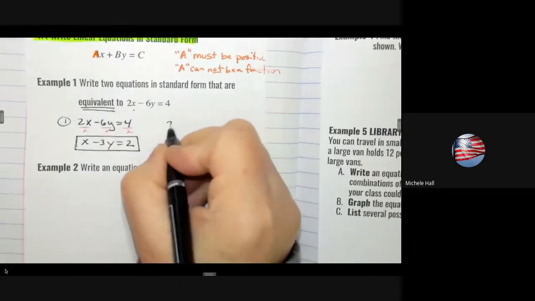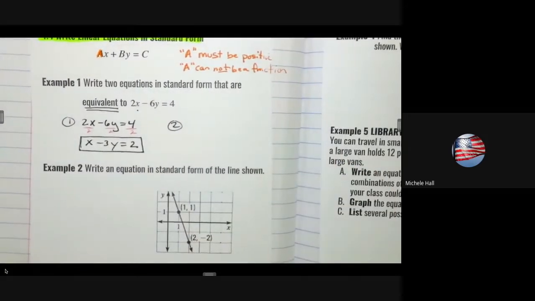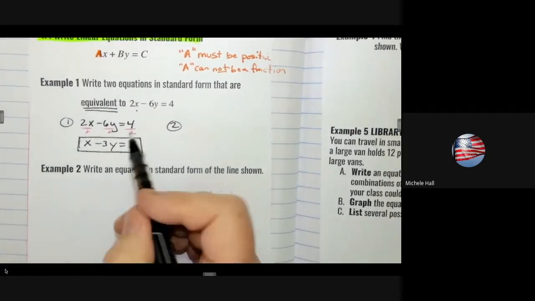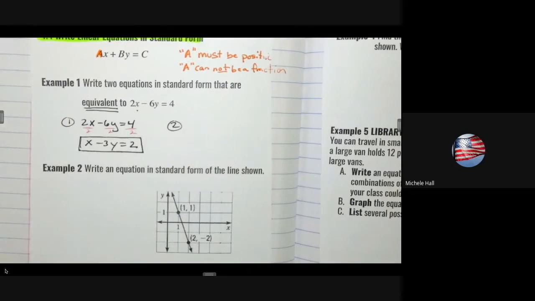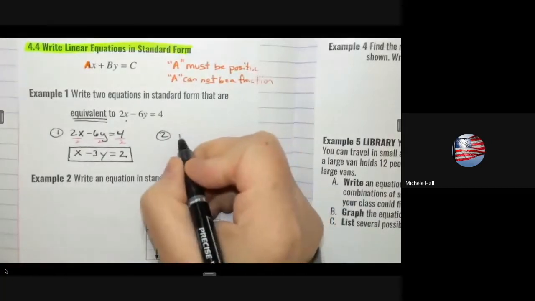What else could I do to this equation to get another equation? There's an infinite number of answers here. There's only one thing I could do to reduce it down. Well, how about multiplying something to it? I could multiply the entire equation by 3.